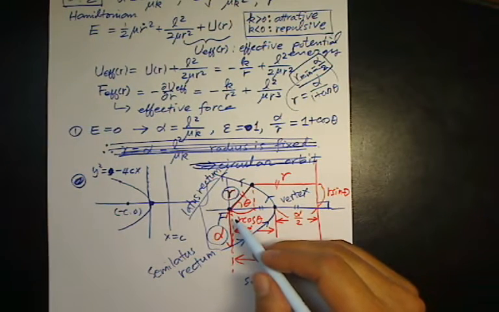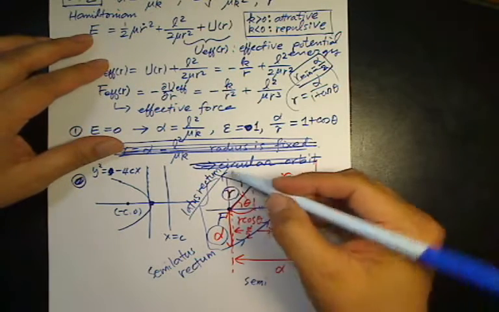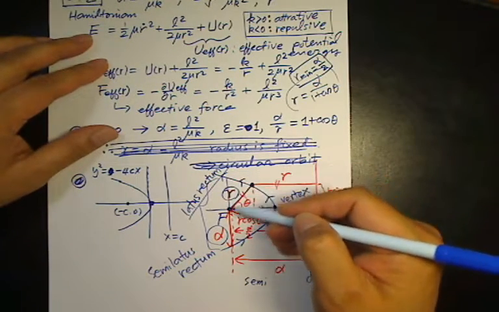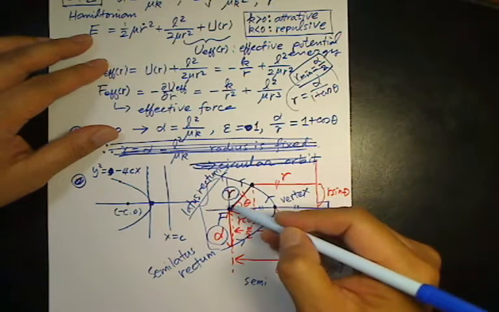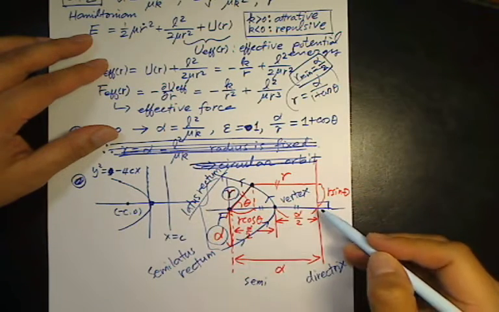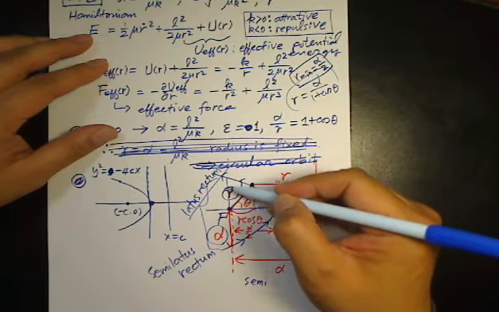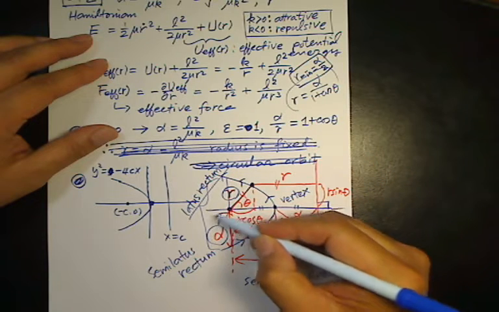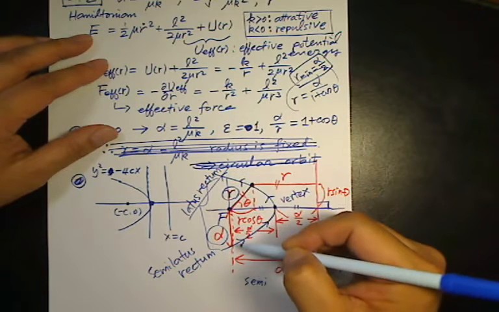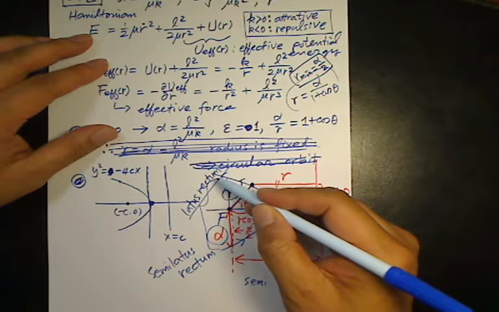All right. So alpha is the semi-latus rectum. That is the straight line that is perpendicular to the symmetry axis. The length of the straight line passing through the focus is called the latus rectum.